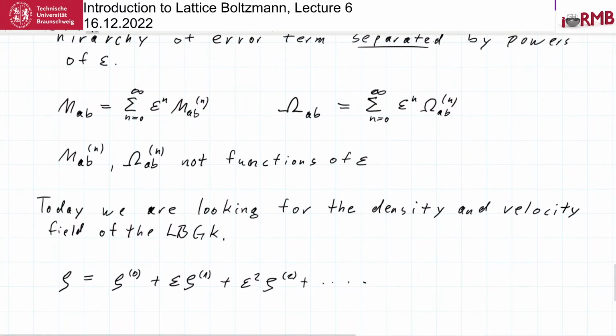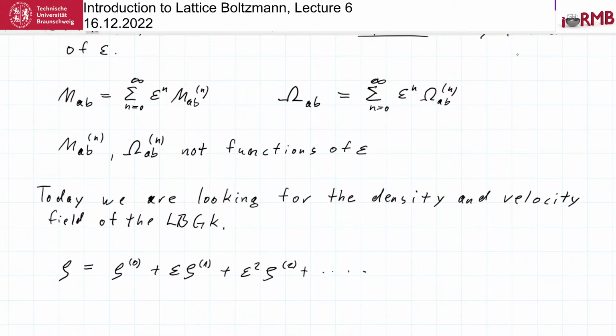So the rho itself is what comes out of our numerical solution of our methods, and only one of them is the right result, and the other ones are error.